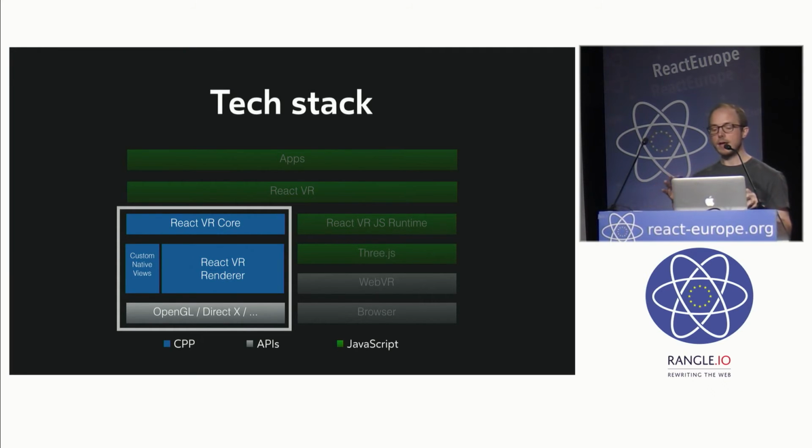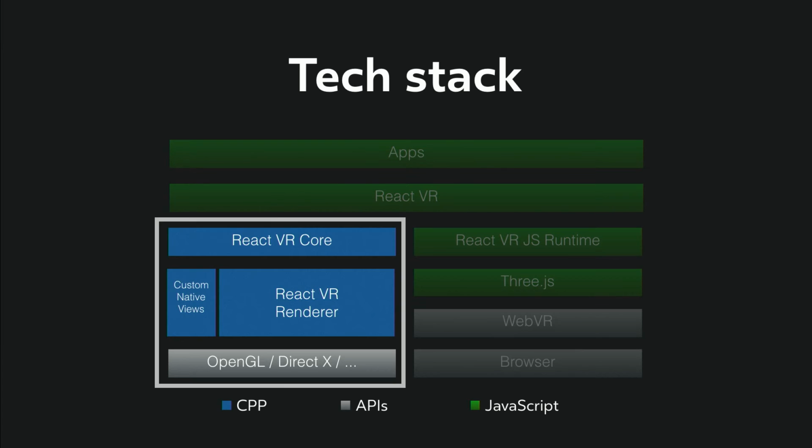The rendering is entirely custom, and there are no platform views. We write everything for that by hand. And this has meant we can run on OpenGL, DirectX, and soon we'll have a Vulkan runtime. But there's always this emphasis on being flexible and portable and working across many, many devices.